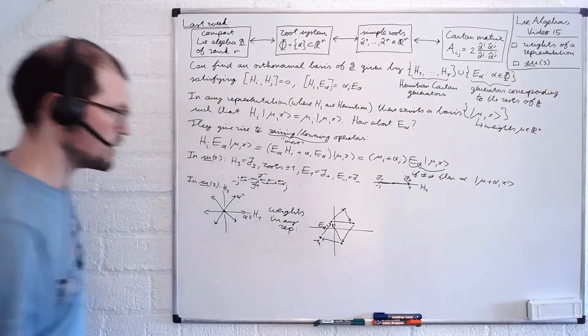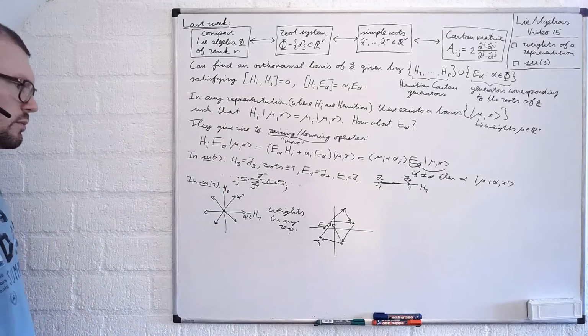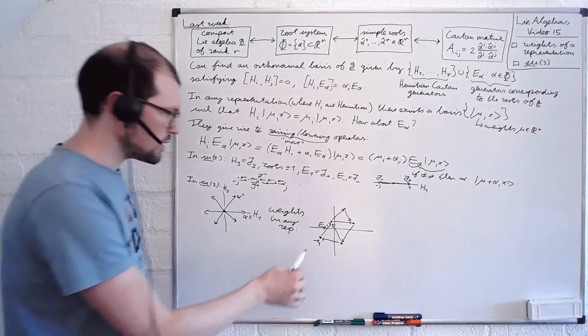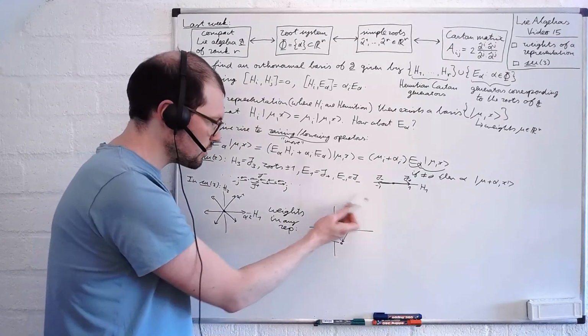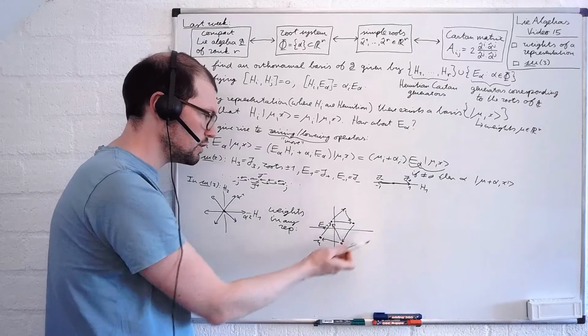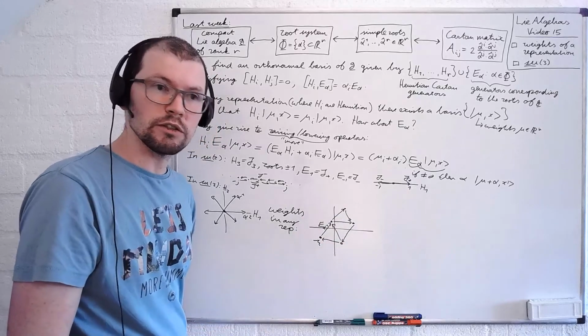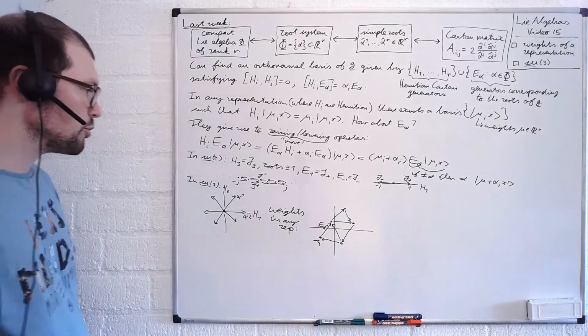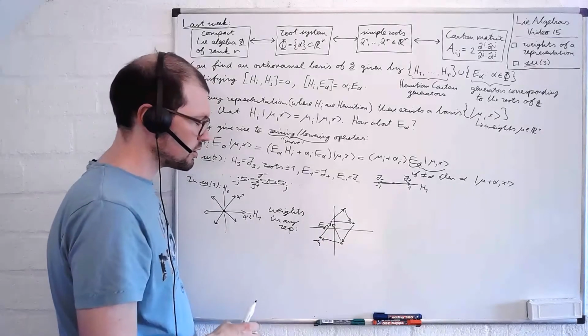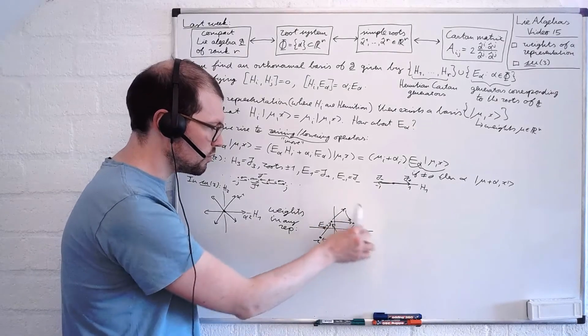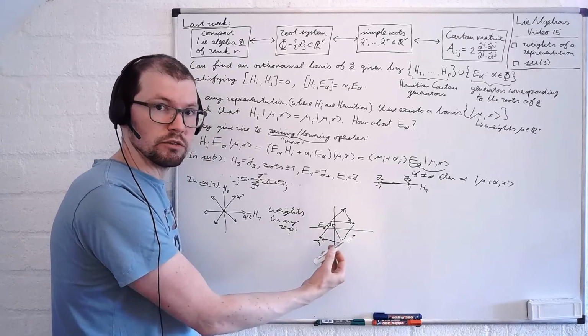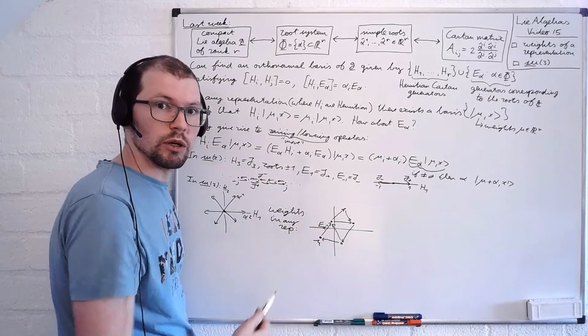Maybe I can go like this. So that means that the weights in any representation are going to form up into some geometrical figures. So the purpose now of this week's lectures is to really classify in what kind of shapes the weights of a representation can group up.